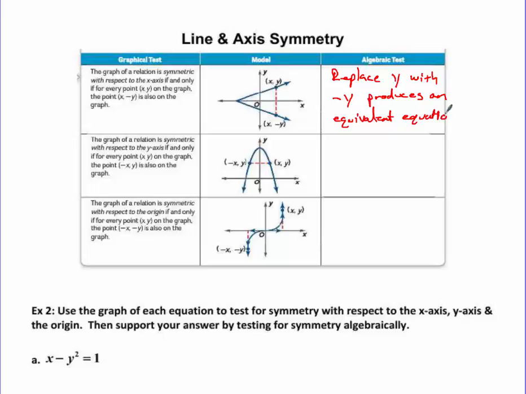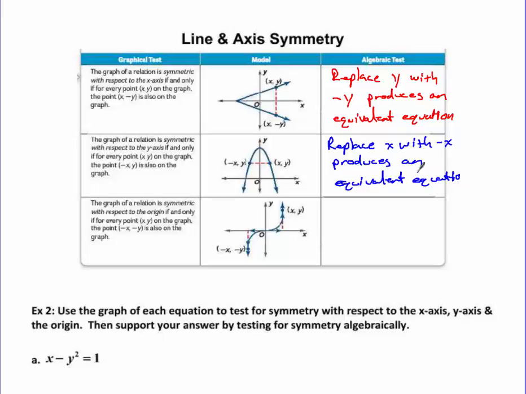And you'll see what that means in a minute. It's real easy. You'll pick up on it real fast. To see if something is symmetric with respect to the y-axis, we replace all the x's with negative x, and if that produces an equivalent equation, then we know that we're symmetric to the y-axis.